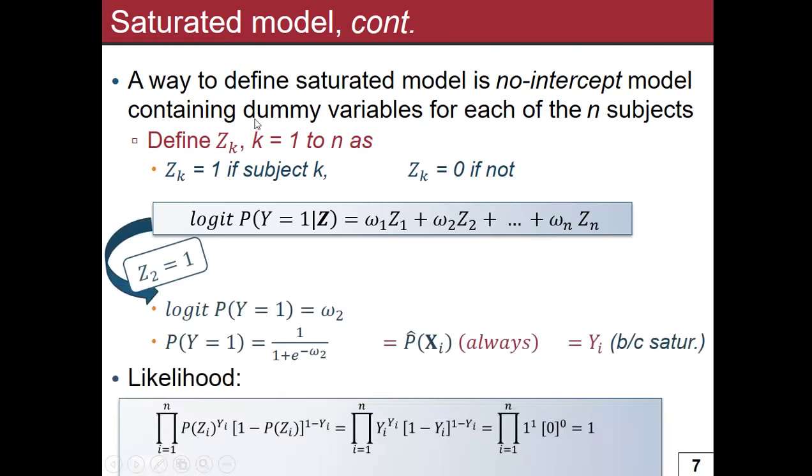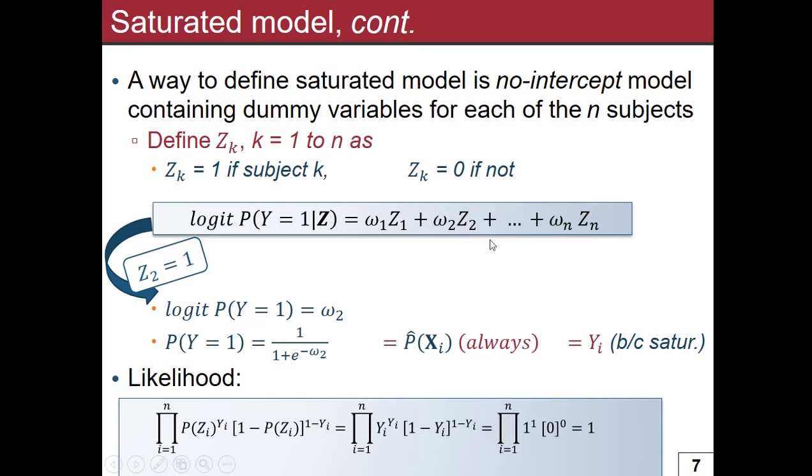Okay, so this really says in words, or in more words and formulas, what we just saw on the previous slide, that the saturated model has as many terms and dummy variables as you have subjects. And basically what happens is, for example, it's pretending that dummy variable 2 is 1. So let's pretend this represents ID 2, the second observation.